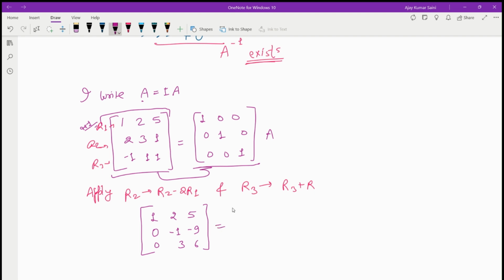We need to do the same things here. So it is minus 2 1 0, 0 0, and in the plus case, it is 1. So 1 0 and 1.